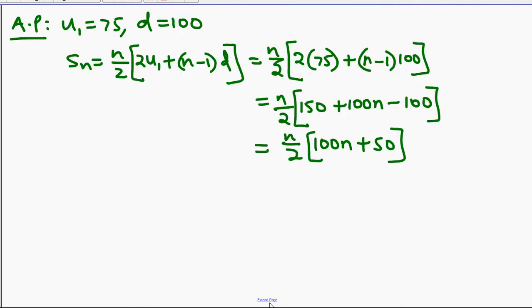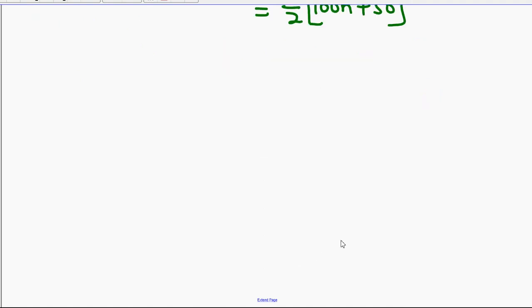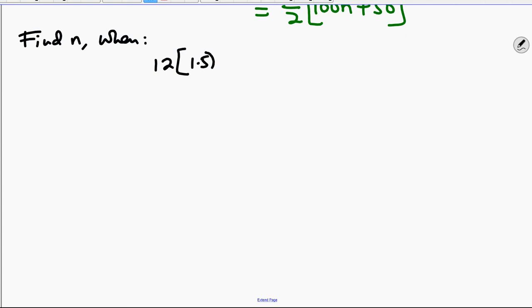So we have these two formulas. The question is, we need to find n. After how many terms will the sum of the geometric series, which is 12 into bracket 1.5 to the n minus 1, be greater than the sum for the arithmetic series?